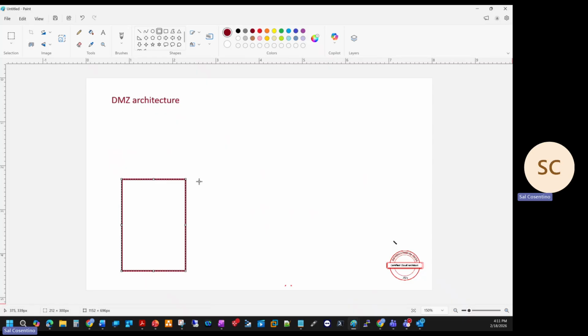And this is going to be our DMZ, which is our public, and then this is going to be our internal network. And this is going to be public and private, right?